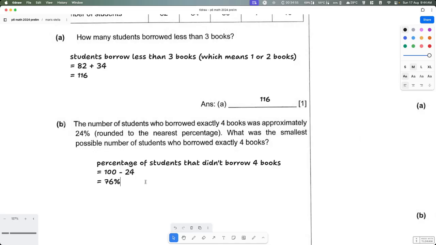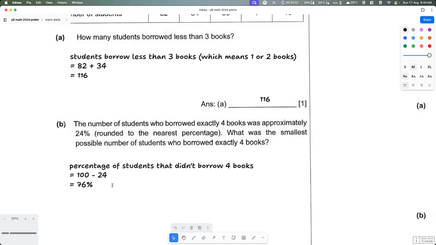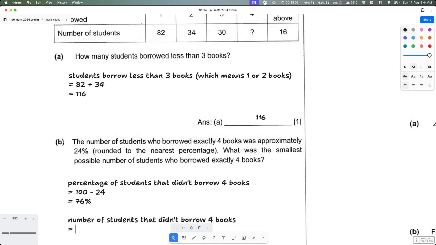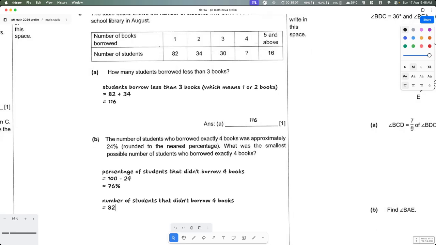Okay, next one is the number of students that didn't borrow 4 books. The number of students that didn't borrow 4 books is equal to, let me zoom out a bit, 82 plus 34 plus 30 plus 16.